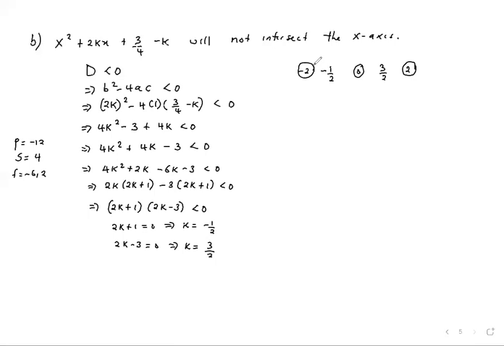Maybe you can use 10, because you're sure that 3 over 2 is less than 10. That's why I've used 2, because I'm sure that 3 over 2 is less than 2. And then you get 2k plus 1 and 2k minus 3.